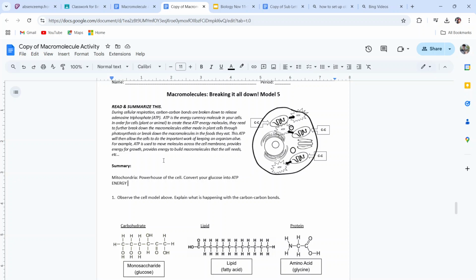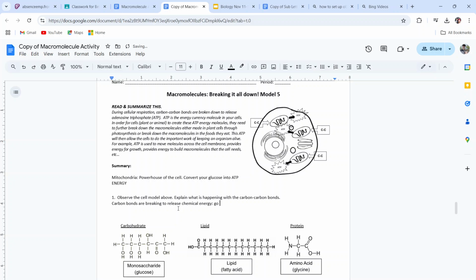So what's happening in this model is that my glucose, represented by this carbon bonded to carbon, is going into the mitochondria. It's being converted into ATP energy. So it says, observe the cell model above, explain what is happening with the carbon-carbon bonds. The carbon bonds are breaking to release chemical energy.